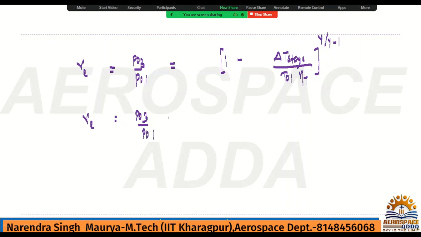This is the pressure ratio across the turbine, and from here you can calculate the pressure drop also if you want. It's your choice, but here I am just going to stop this formula. If you want, you can extend it again. I have calculated the pressure ratio; you can calculate the drop also if you want. This is the formula.